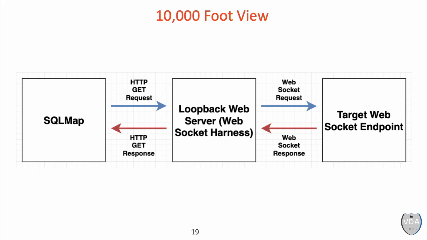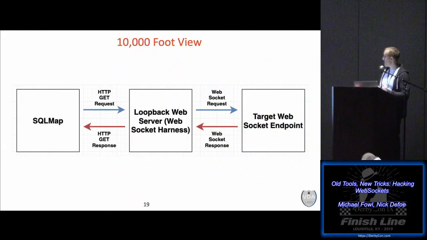So the idea is that we can send traditional GET and POST requests to a loopback web server, or this web harness in the middle, which will then open a WebSocket request with the payload that's passed in, and that will attack the target WebSocket endpoint and method.